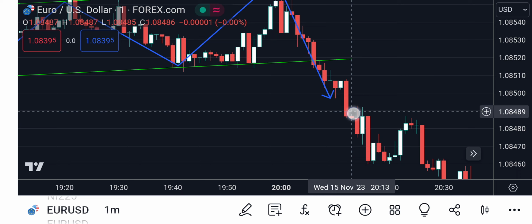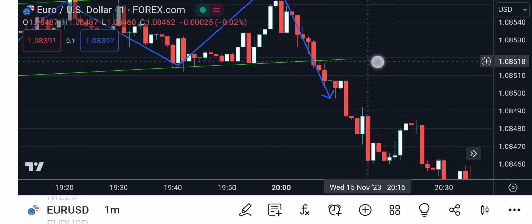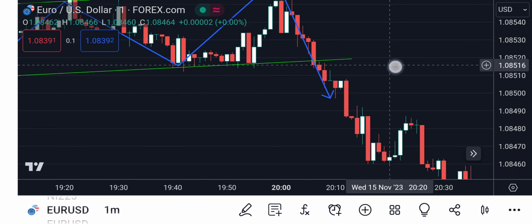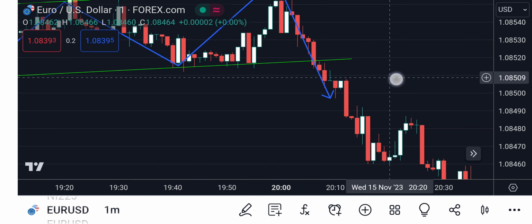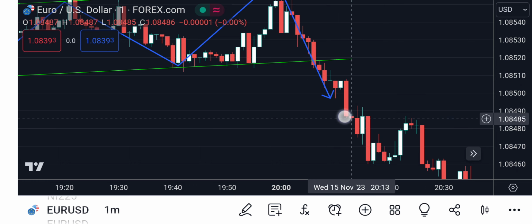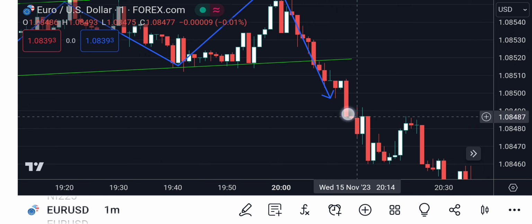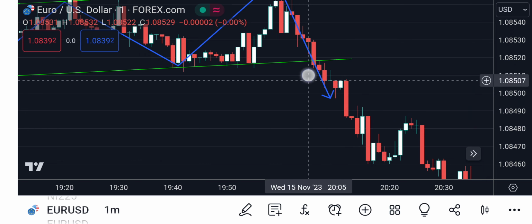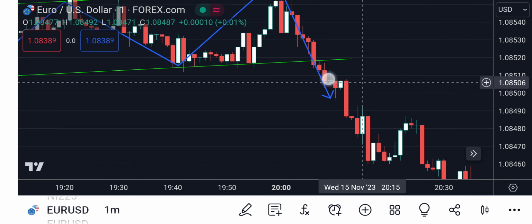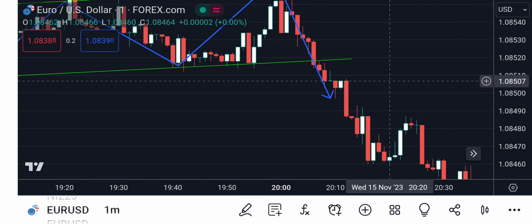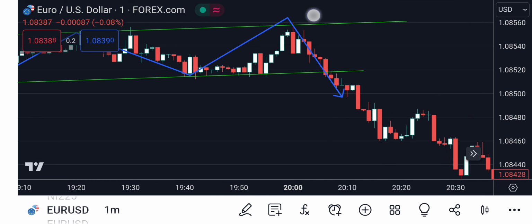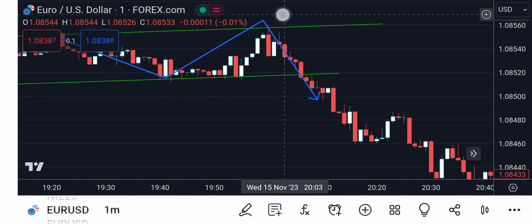If I don't take my entries here, I wait and I put my entries around the breakout here, or just above this bullish candle. Either I can take my trade here after this red candle has broken out, or I can put a sell limit here with my stop loss above the previous high here.